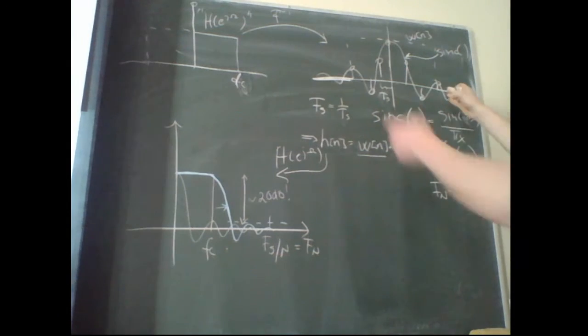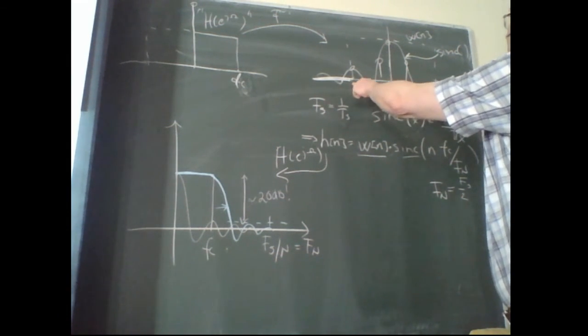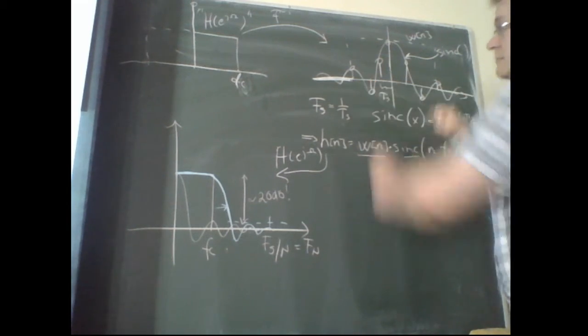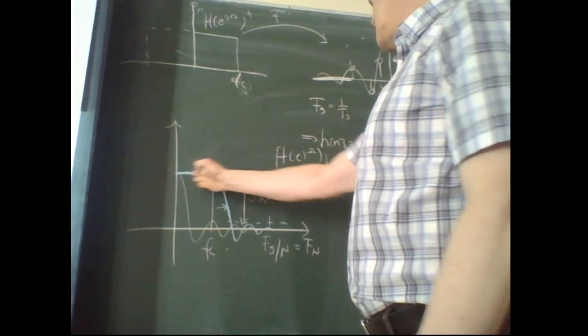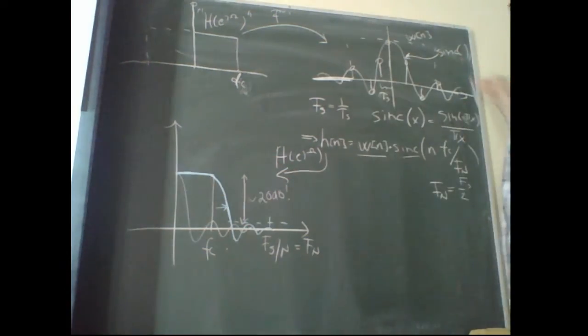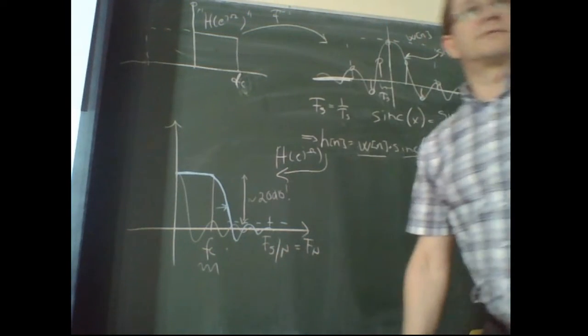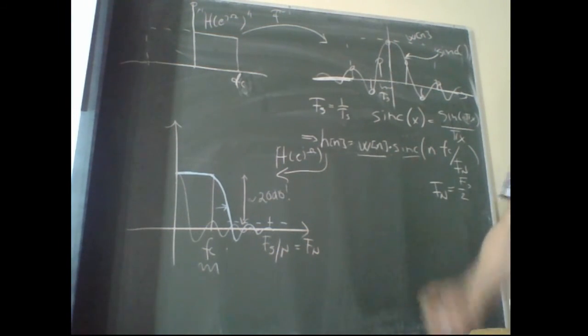So in that sense, the sinc is used to transform this running average filter such that you actually have control of the cutoff frequency. Okay, so the sinc function actually controls the cutoff frequency.